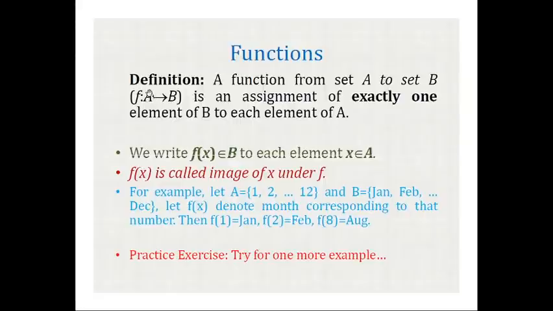And this set we call domain, from which set we are going to pick x is domain. The collection of f of x is called codomain. So if f is a mapping from set A to set B, then set A is called domain and set B is called codomain.